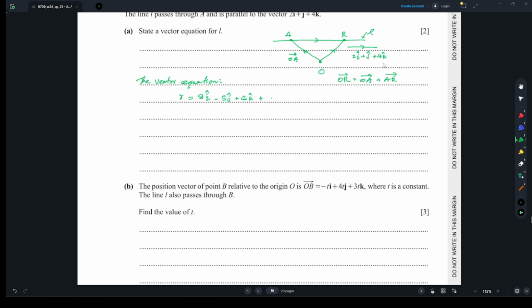So I can write that one as lambda times 2i plus j plus 4k. Okay, done.